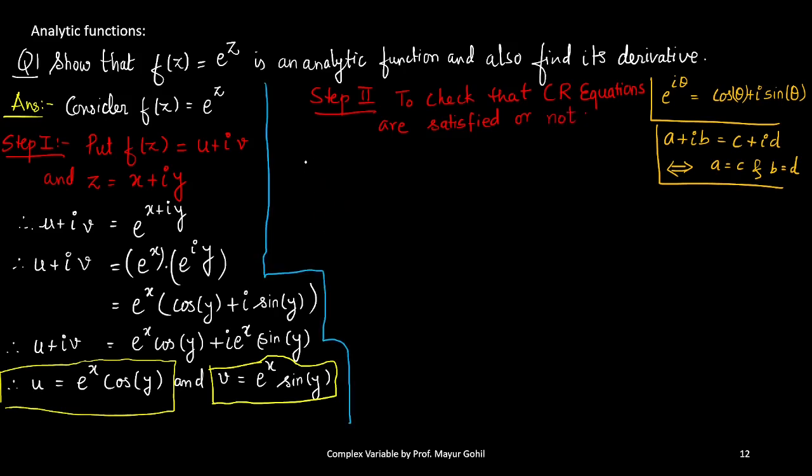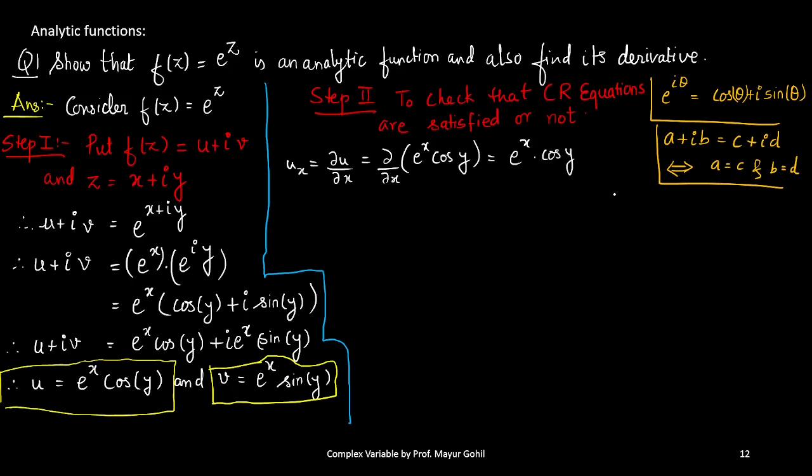Okay, so let us do that. We now know the CR equations. First thing is u_x. So u_x is nothing but the partial derivative with respect to x, we get e to the power x cos y. When we do that, cos y is a constant and the answer will be e raised to x cos y.